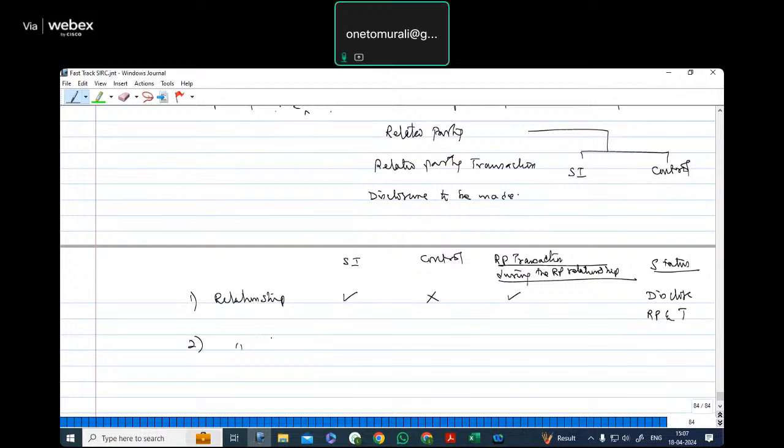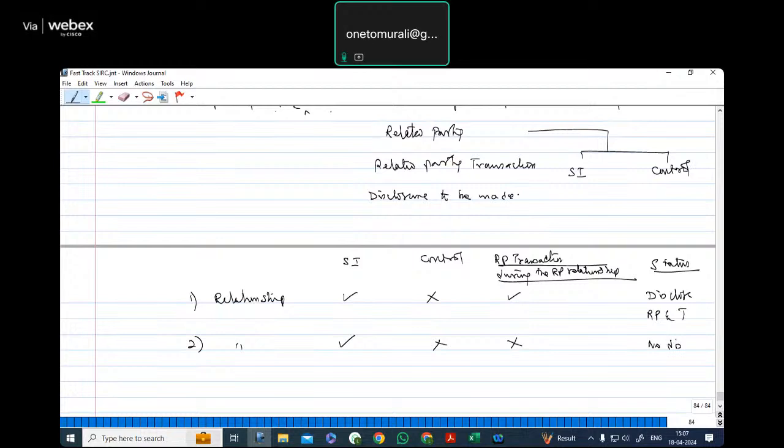Combination number two, related party relationship. I have significant influence, but I do not have control. And I also do not have a related party transaction. What is the status? Should I disclose anything?